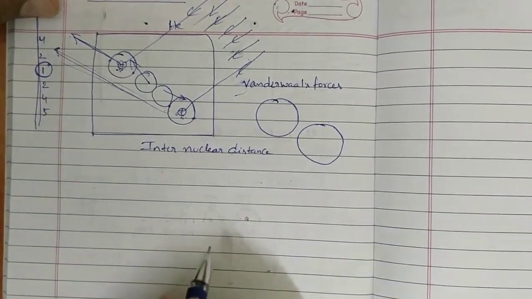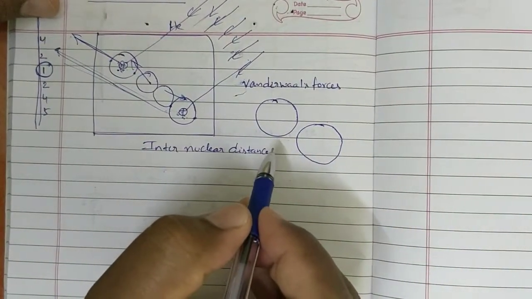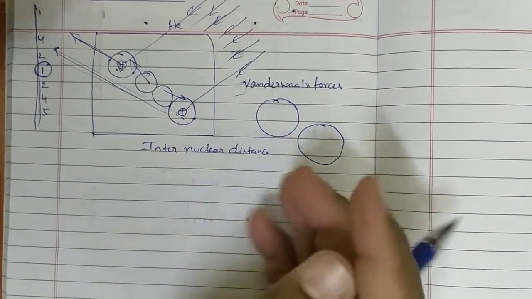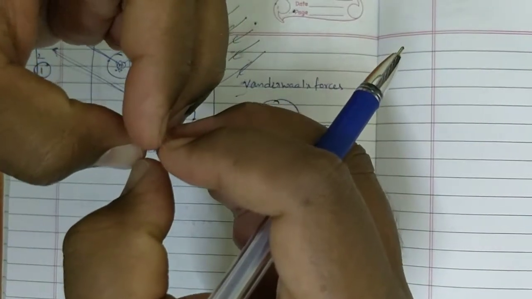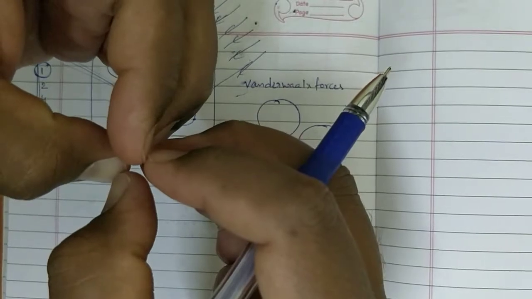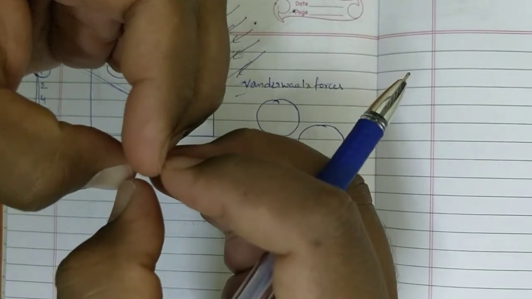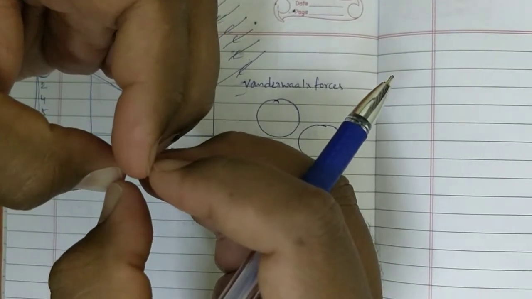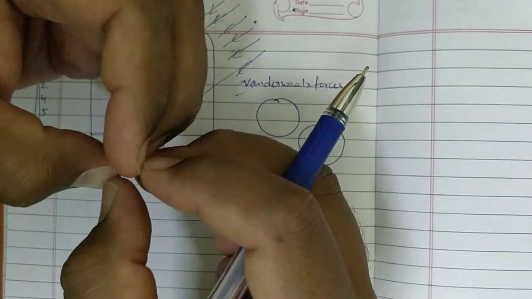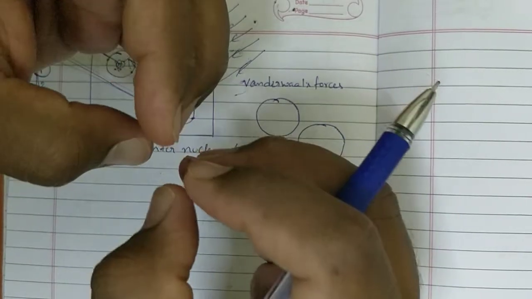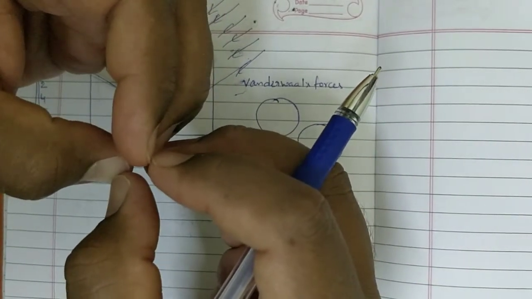But actually that collision time is very small. The particles will come closer and collide with each other. If you are able to find the distance exactly at collision, that is the exact internuclear distance. But even X-rays are not able to find that exact collision distance.